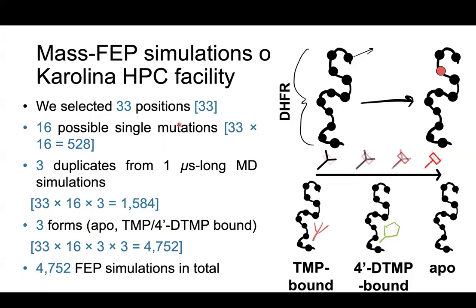So we selected 33 positions, which we chose by checking the literature. And we selected 16 possible single mutations. In a wild type position, there are 19 possible amino acids when you exclude the wild type amino acid.